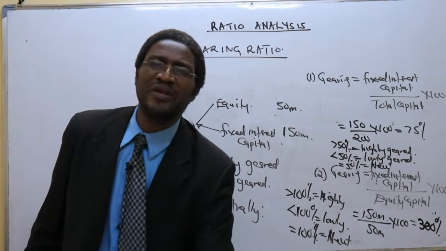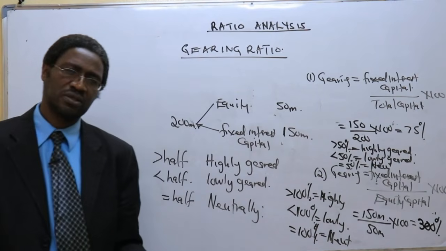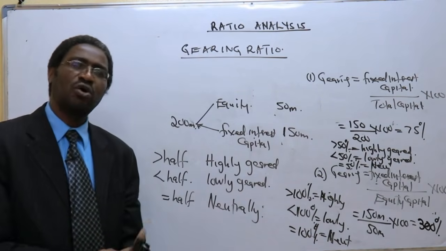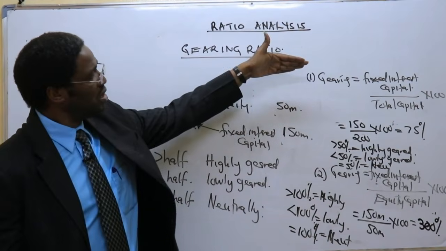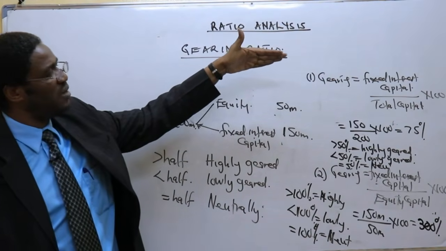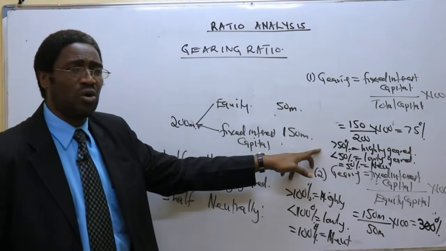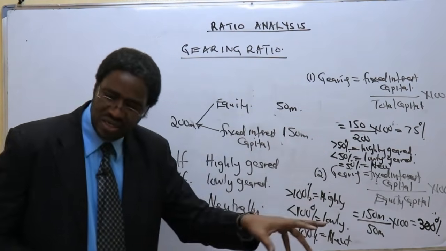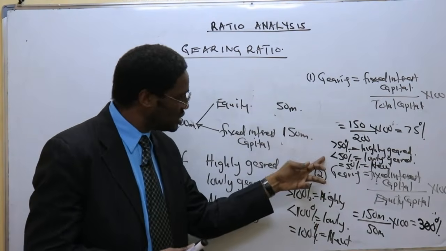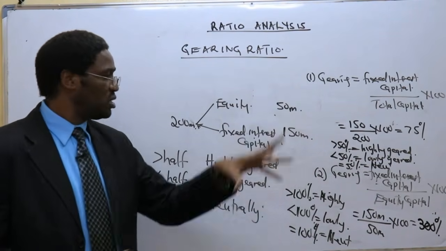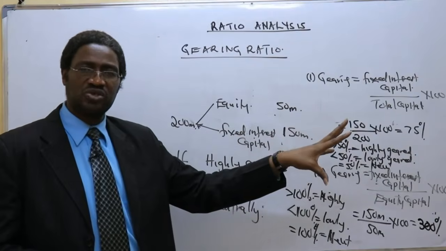So the interpretation that we shall be giving will depend on which formula you are using. For the first formula, which is fixed interest capital divided by total capital, anything more than 50% means the company is highly geared. Anything less than 50, company is low geared. Exactly 50, company is neutrally geared.